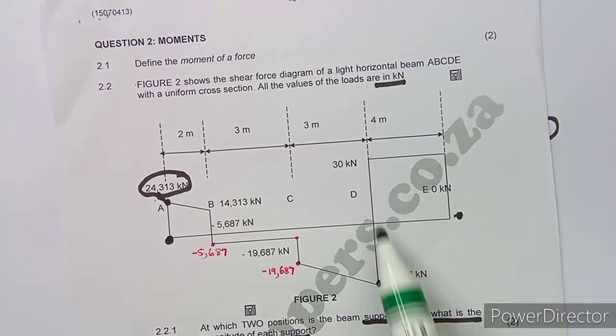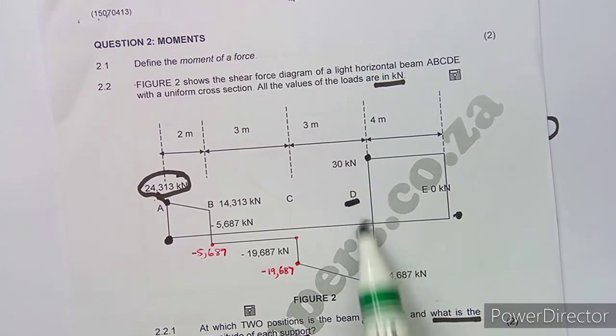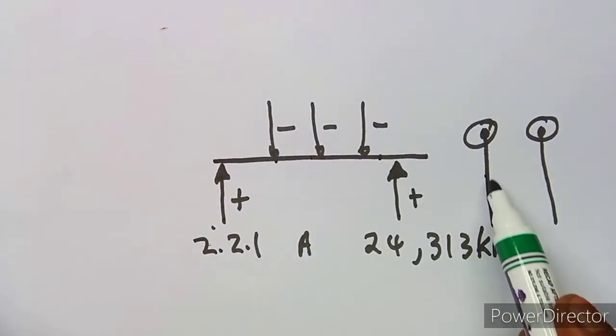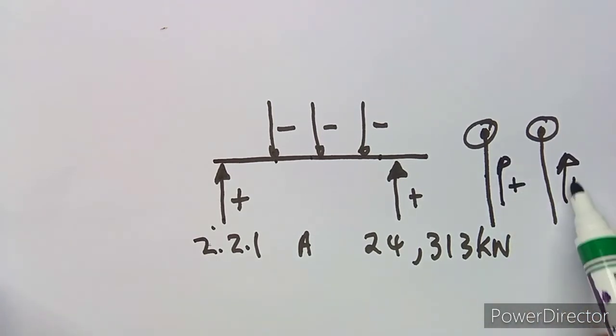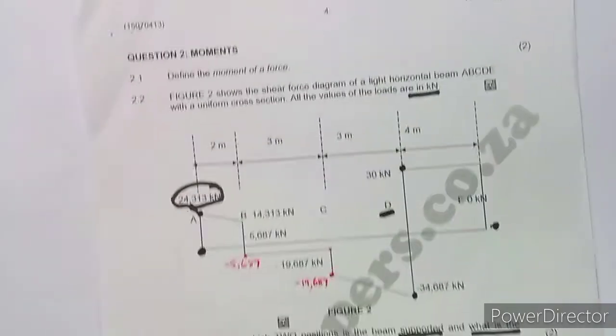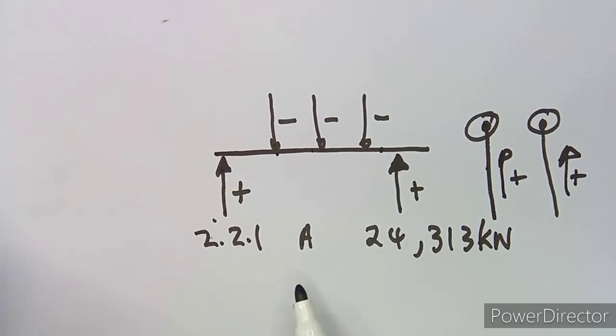From this point to this point, we are going upwards. So at this point D we have a support, because we said the supports always go upwards, they carry positives. So there is a support at point D. That is what we had.